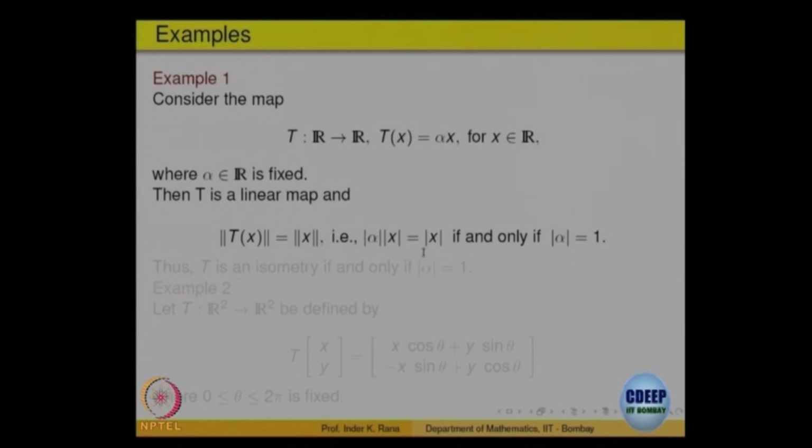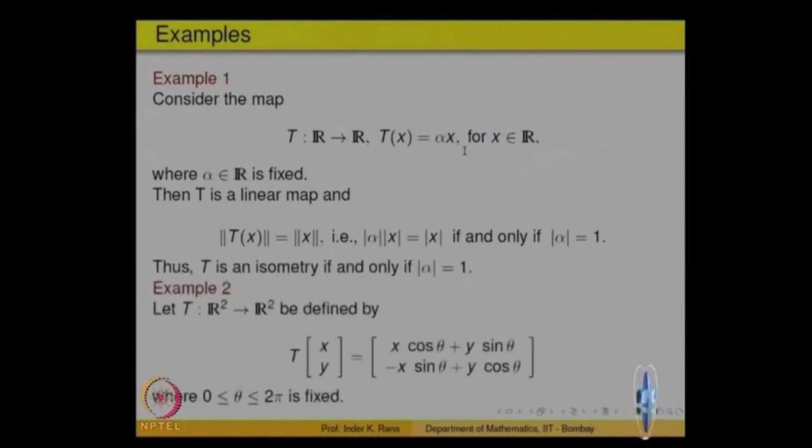So, that will happen if and only if mod alpha is equal to 1. So, the simple example is that scalar multiplication by alpha is an isometry if and only if mod alpha is 1. It has to preserve distance, so it can't be anything else.